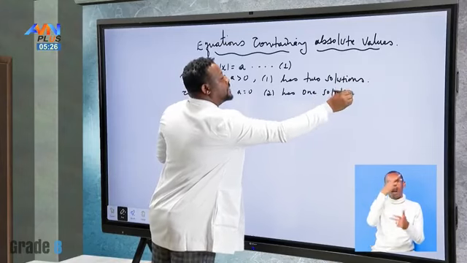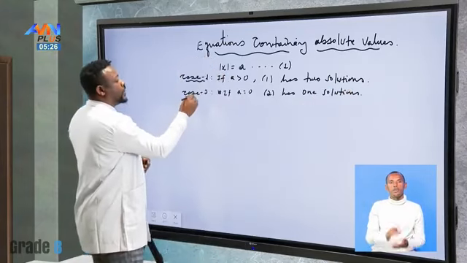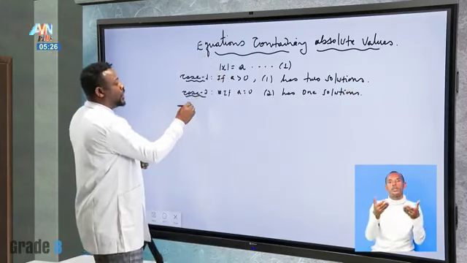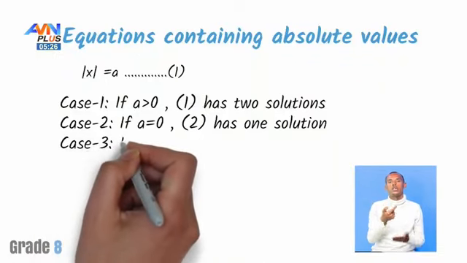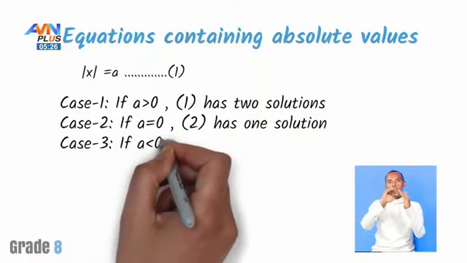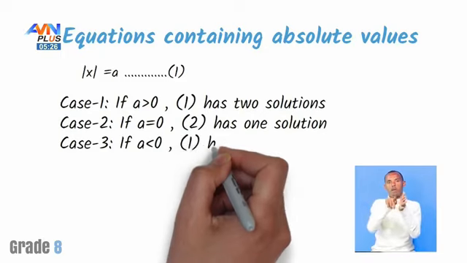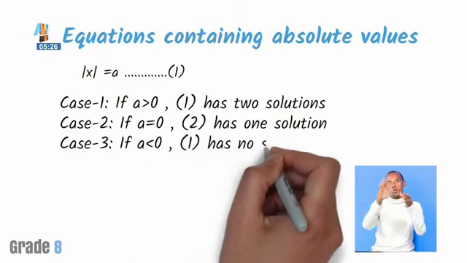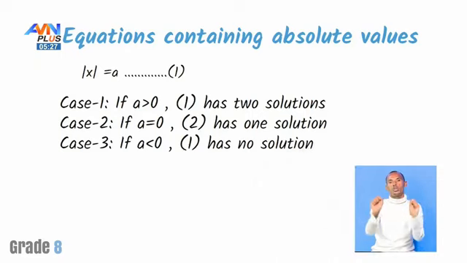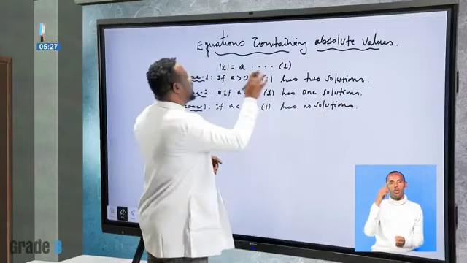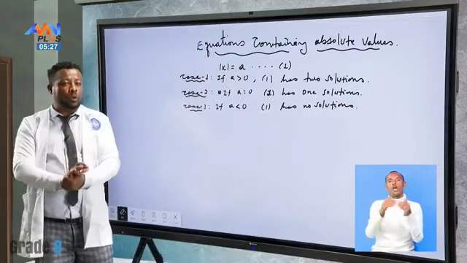In the third case, if this constant number is less than 0 or negative, equation 1 will have no solution.